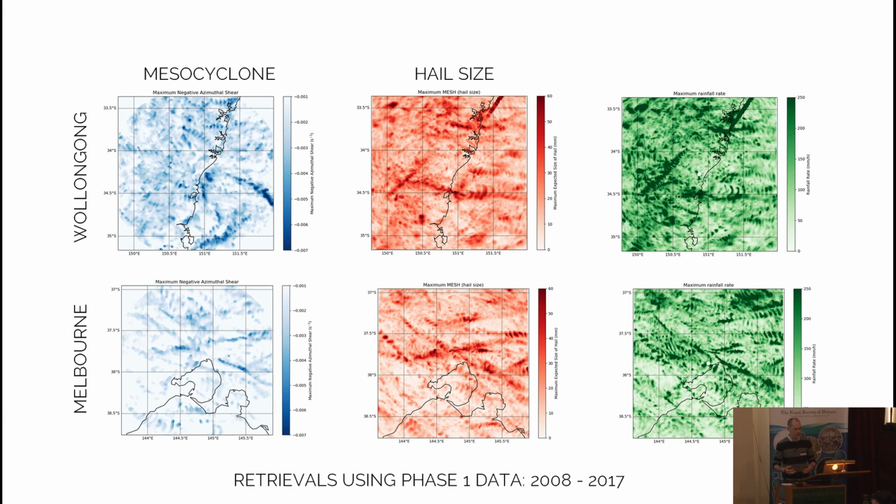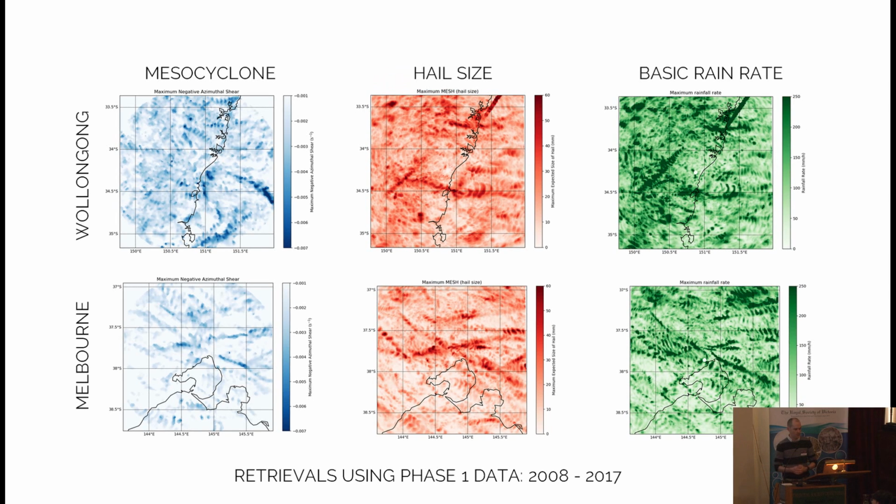Melbourne itself, we see lots more events pop out, particularly from the northwest coming down, and these events are associated with storms which don't have this supercellular nature, but are still producing large hail. So this is a different mode of hailstorm we're picking up here. For rain rate again, we pick up a much broader series of events across both domains, particularly across the Sydney domain, where we've got a number of events in the southwest region, closer to the Great Dividing Range.